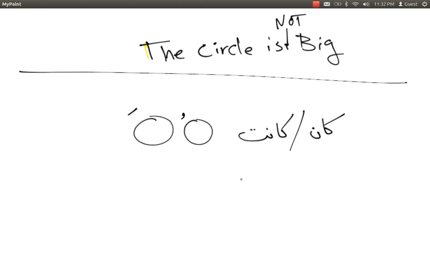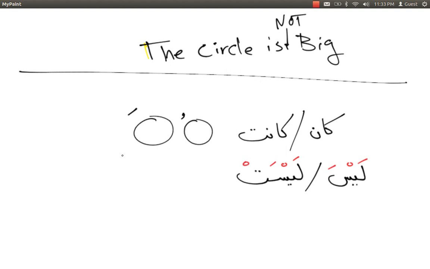For the simplest sentence, for example, the circle is big, we want to negate and make it the circle is not big, we will use the word laysa. Okay, and its feminine form laysat. Laysa, laysat.